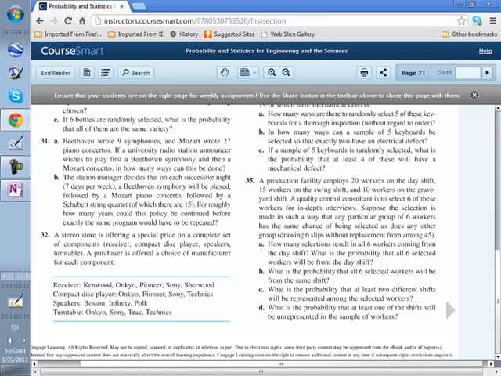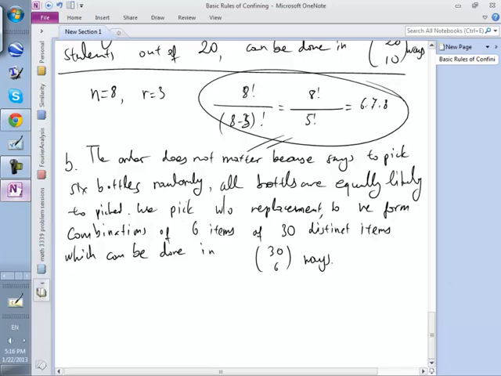So how many workers do we have? 20 plus 15 plus 10, a total of 45. And we select 6. So we select combinations for the reasons we have explained. So all simple events are 45 choose 6. This is the number of all simple events.